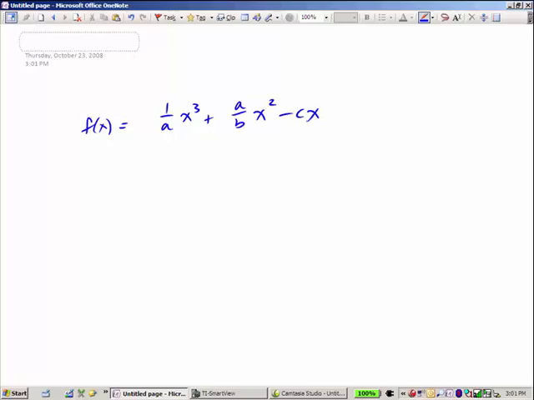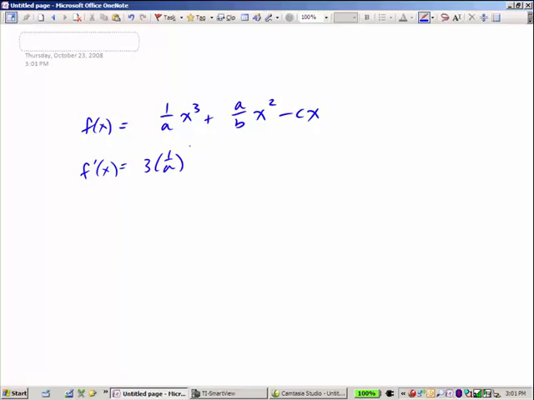So I'm just going to write it like that. Instead of writing it as x cubed over a, I'm going to do 1 over a times x cubed. Now 1 over a is just a coefficient, right? So the derivative of 1 over a times x cubed. Okay, so I'm going to say 3 times 1 over a, but you can do 3 over a.